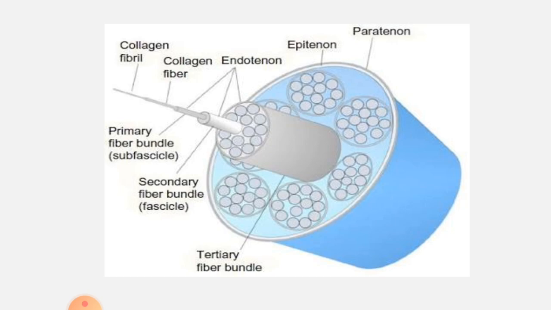The endotendon is the layer which wraps around the collagen fibers, and it contains the blood vessels, nerves, and the lymphatics. Epitendon also contains the blood vessels, but the endotendon is the main layer, and the tendon cells also release their waste products in this layer.